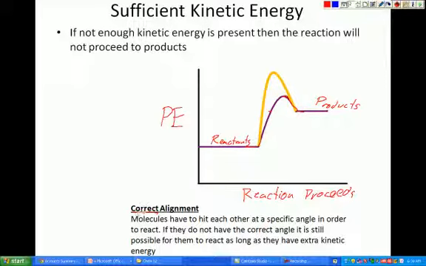So I have written here a little bit of notes. Molecules have to hit each other at a specific angle in order to react. If they do not have the correct angle, it is still possible for them to react as long as they have extra kinetic energy. So here's the extra kinetic energy that they need, going all the way up here.